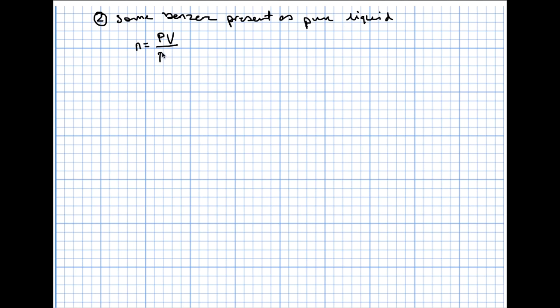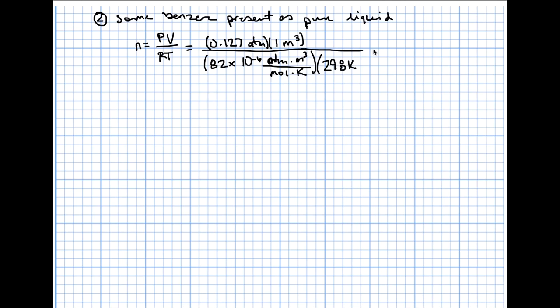So n equals PV over RT, and we plug in 0.127 atmospheres, 1 cubic meter, and our ideal gas constant times the temperature, and we get 5.2 moles.